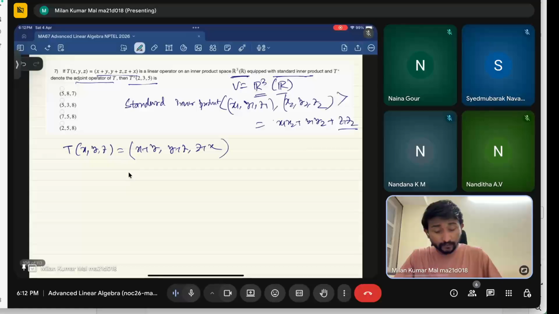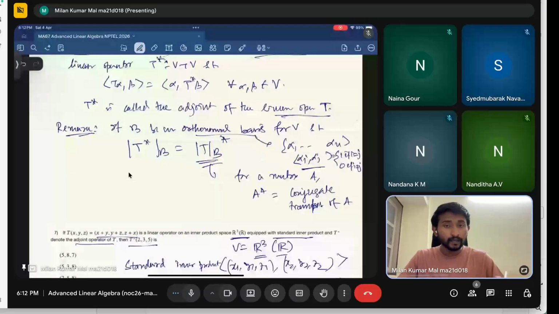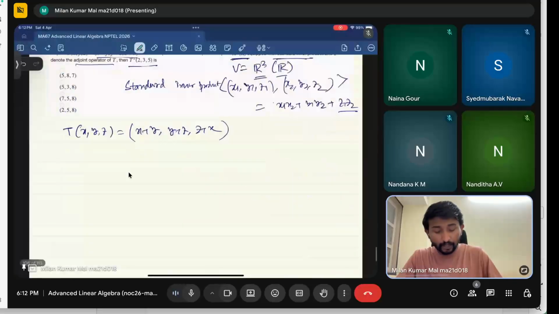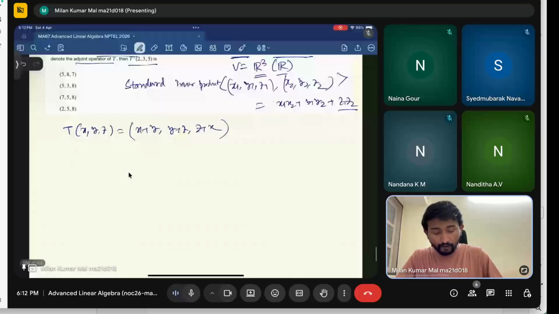And one point I must point out: whenever an adjoint of a linear operator exists, it has to be unique. There can't be two adjoints of a single linear operator. So I want to obtain T star of alpha, beta, gamma.